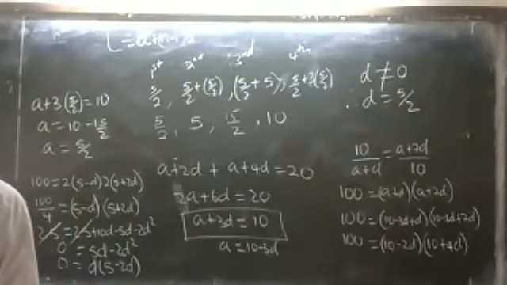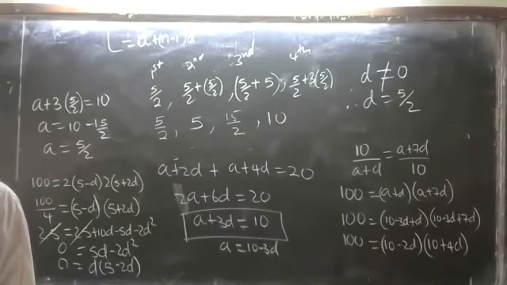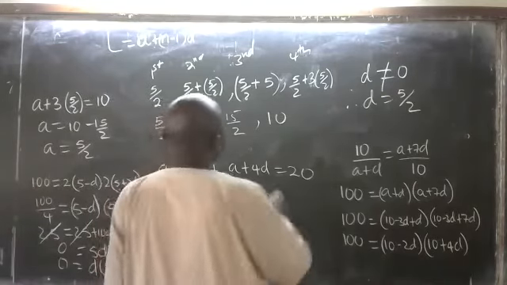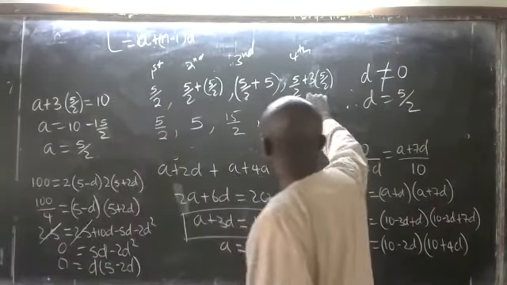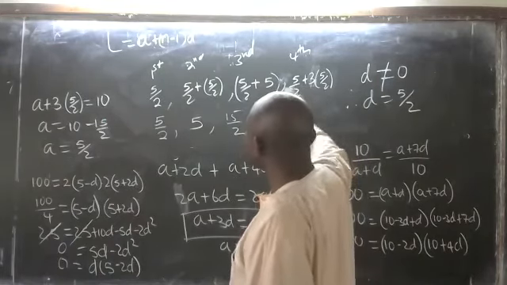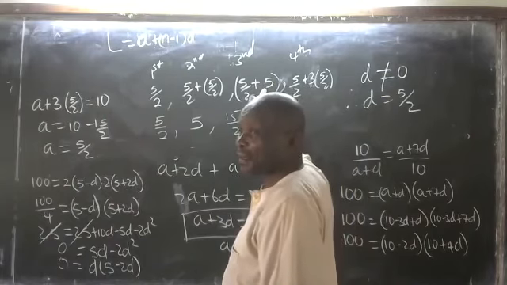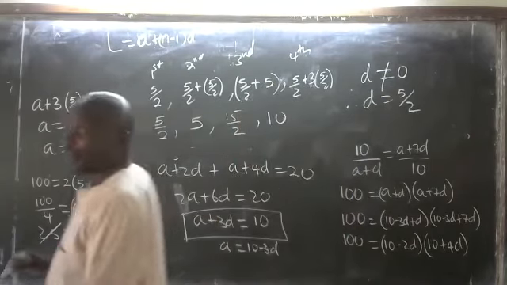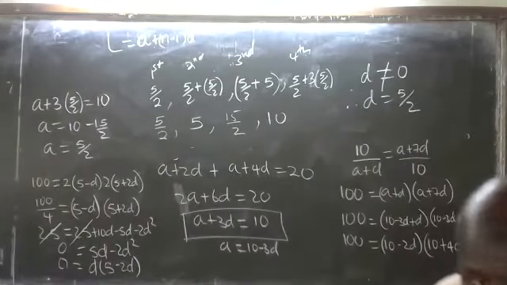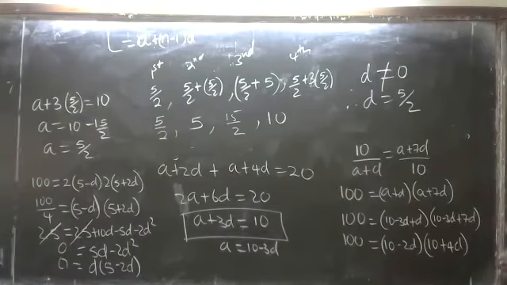So 2 times 5 over 2, you get 5. Then here, 4 minus 1 is 3, so it will be 3 times d. Is it okay? So the first 4 terms of that AP will be 5 over 2, 5, 15 over 2, and 10.